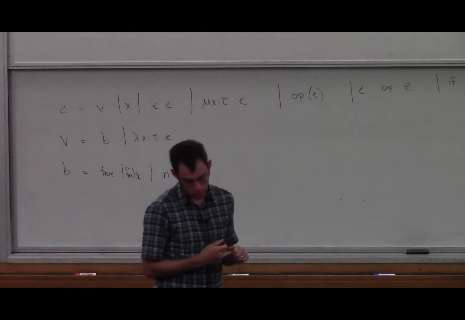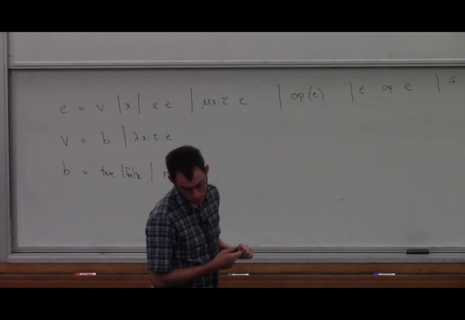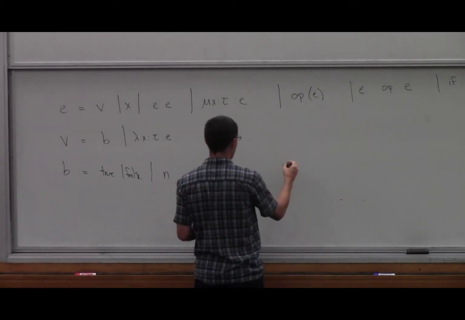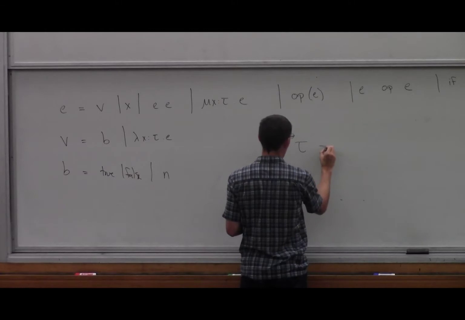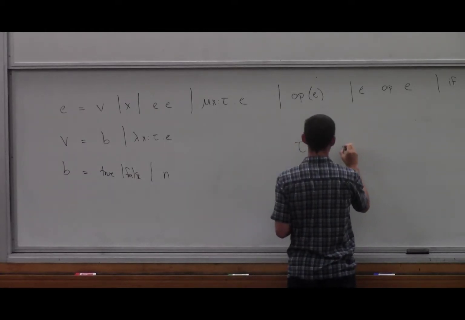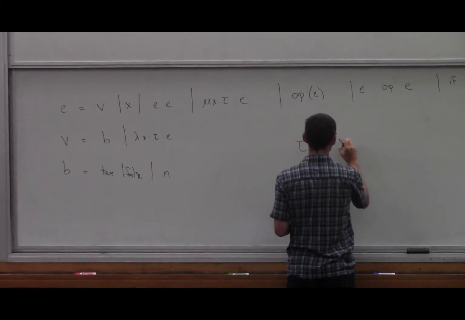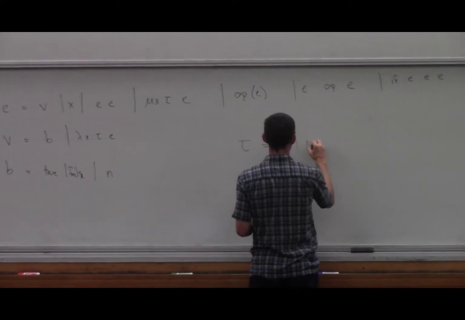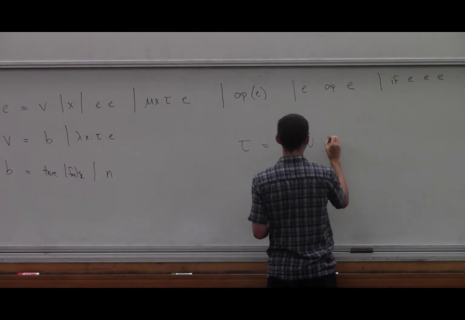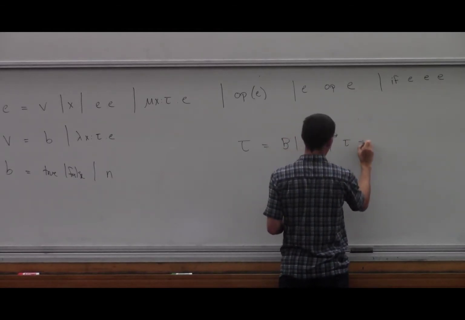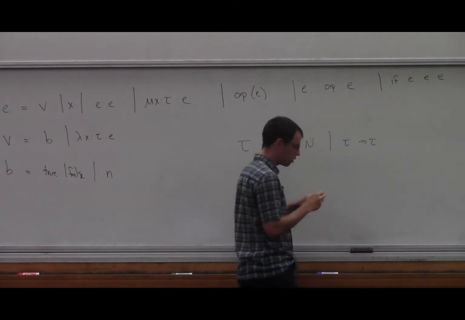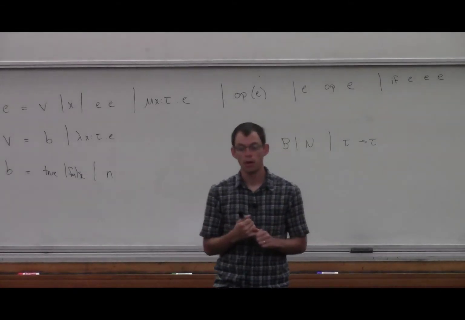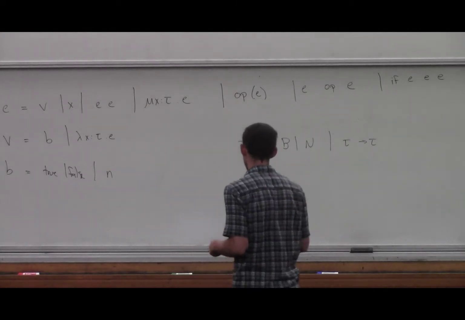So now let's look at types. Types are simple in this language. Either base type, I'll just say Boolean, or number, and function types. So this should all be totally familiar from earlier this week.